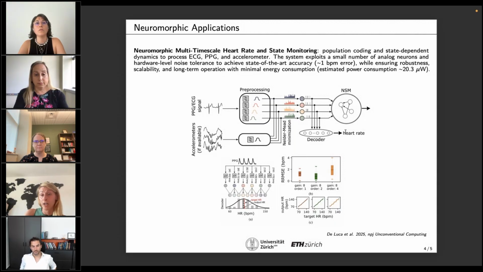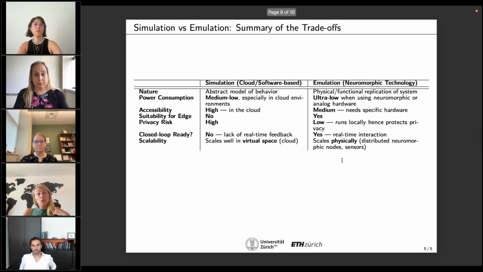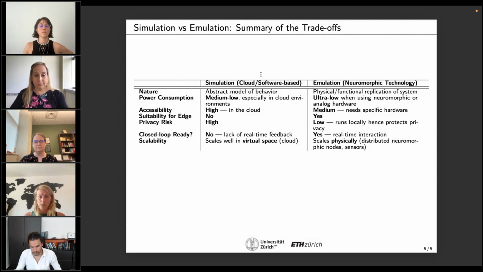And to conclude, I created this table to show the difference between simulation and emulation, for me. With simulation, the nature of the model is abstract, and the power consumption is not so low anymore, because with a simulator or a cloud, you have to think about the structure around it.